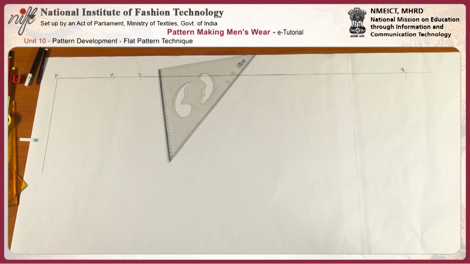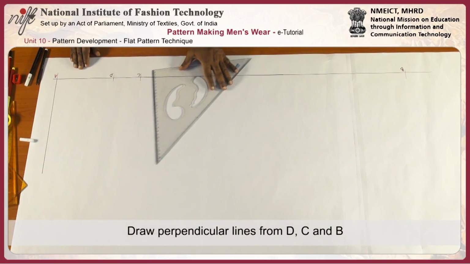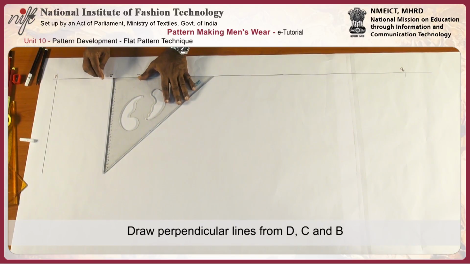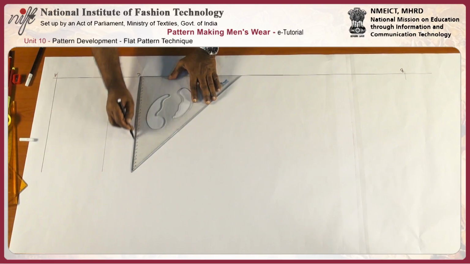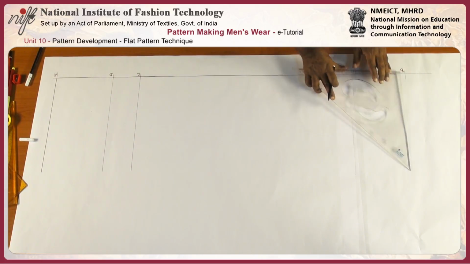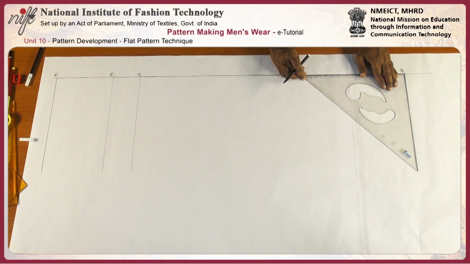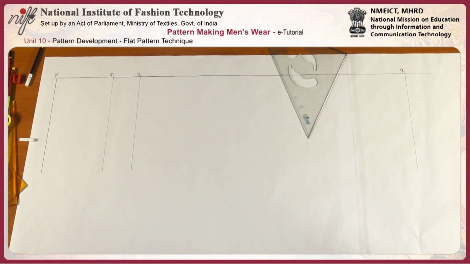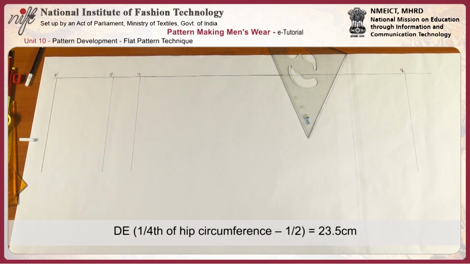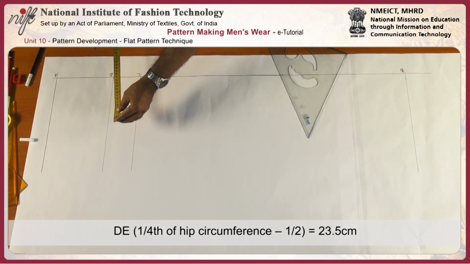E is, before marking E, square or draw a perpendicular line from points D, C and B. D to E is 1/4 of hip circumference minus half, which is 23.5 centimeter.